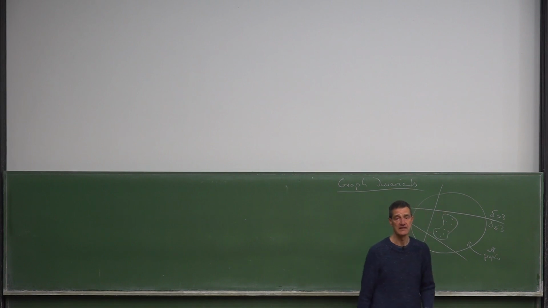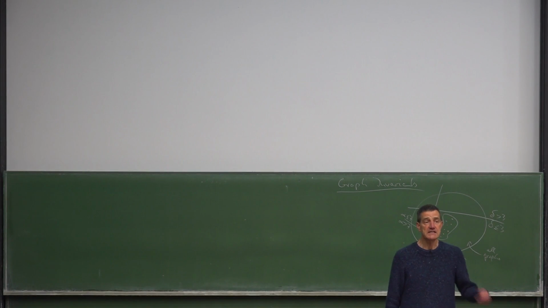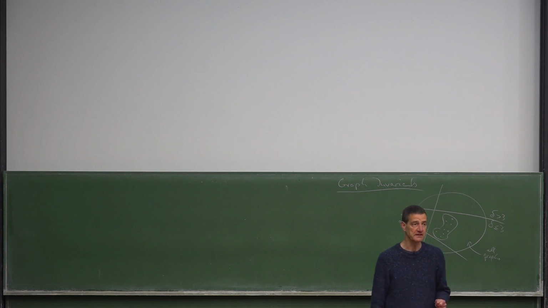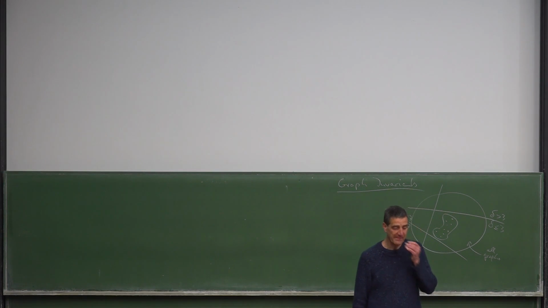One particular application of graph invariants is to certify that two graphs are not isomorphic. Now, when two graphs are isomorphic, and I want to persuade you that they are, then I have an easy task.